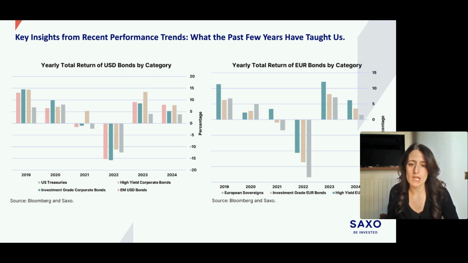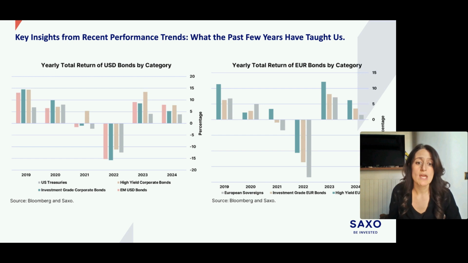The main takeaway of these two charts is that if we look at all bond types, so US Treasuries or European sovereigns, junk bonds, investment grade corporate bonds, emerging market, they have lost value in 2021 and 2022, and they started to recover in 2023.